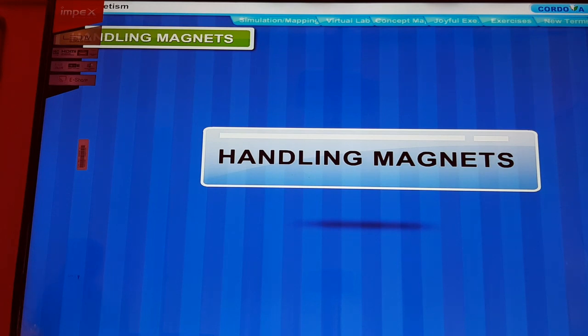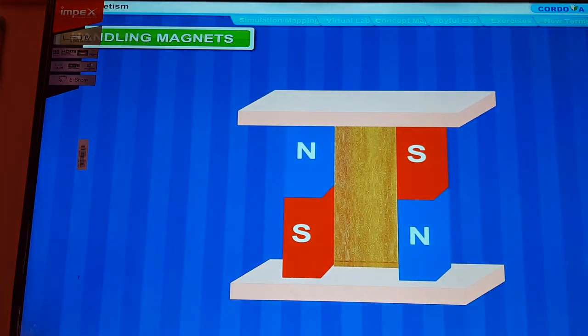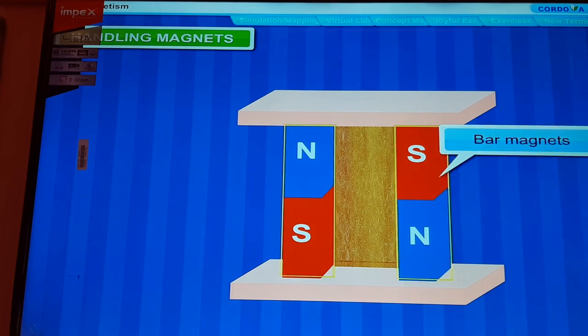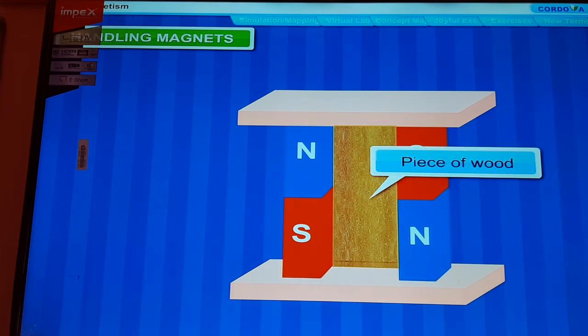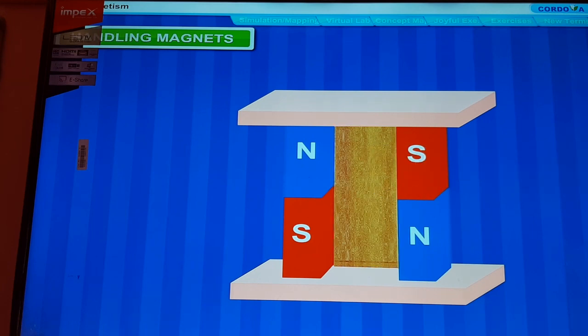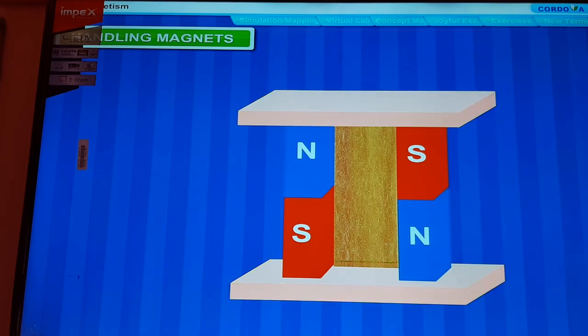Handling magnets. A magnet tends to lose its magnetism if not stored properly. Bar magnets are always stored in pairs with their unlike poles on the same side. They must be separated by a piece of wood. Two bars of soft iron called magnetic keepers are kept across their ends.